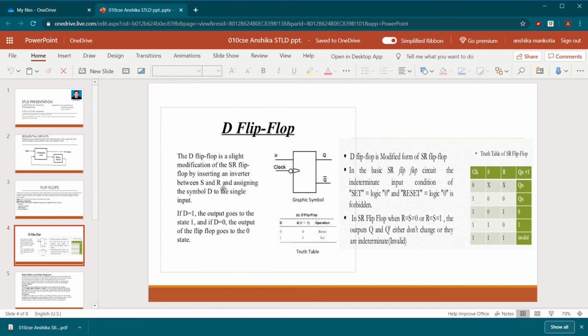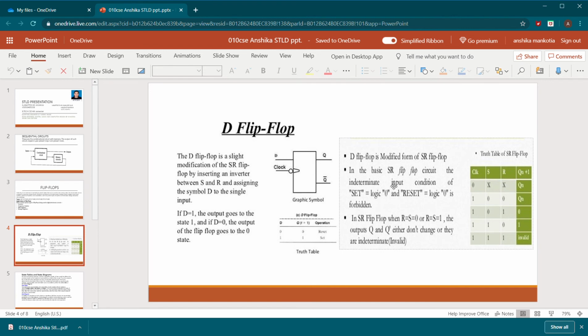D flip-flop is a modification of SR flip-flop by inserting an inverter between S and R. That's what I'm saying, that a D flip-flop can be designed from an SR flip-flop by just taking a NOT gate between S and R. If D is equal to 1, the output goes to state 1, and if D is equal to 0, the output of the flip-flop goes to state 0. In the diagram, Q stands for present state and Q bar stands for next state.